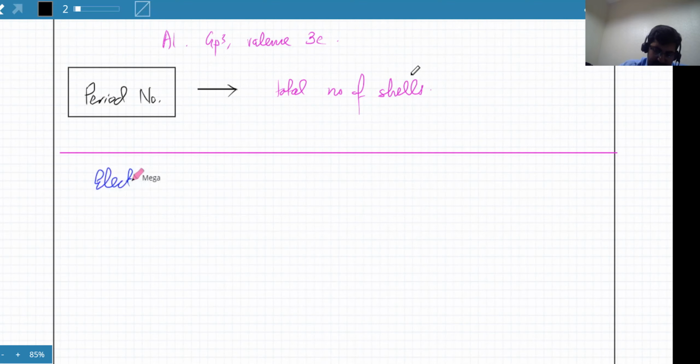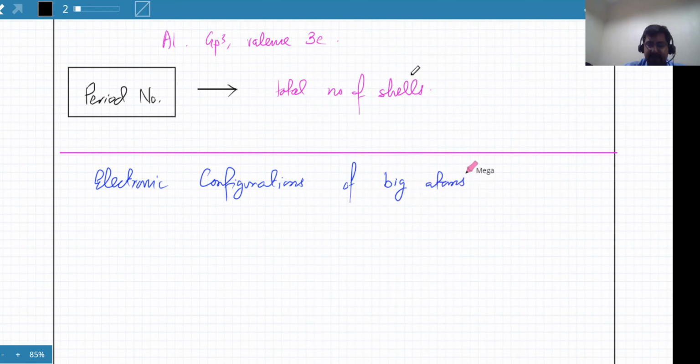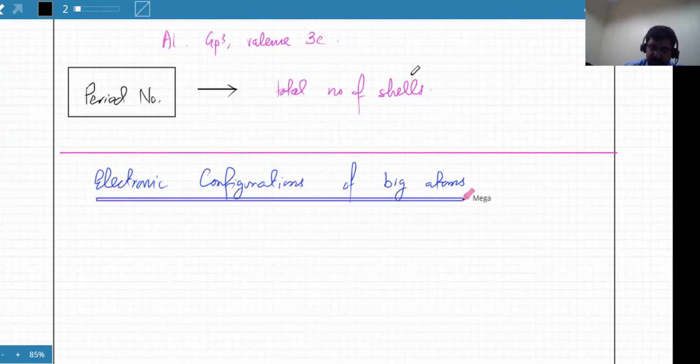But there would be some questions where you will be asked about the electronic configurations of big atoms. Now, you don't have time to draw that many shells, so we're not going to draw the shells. We're just going to list how many electrons would be present in the first shell, or the second, or the third.